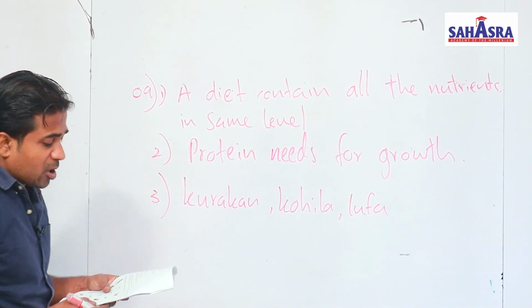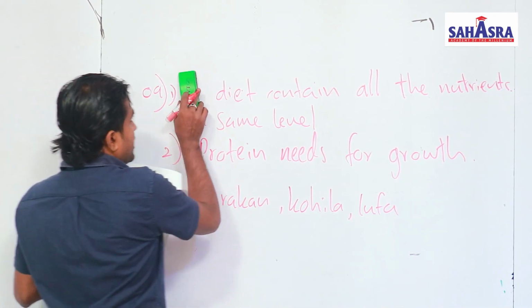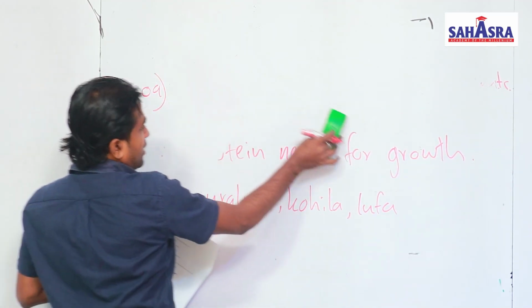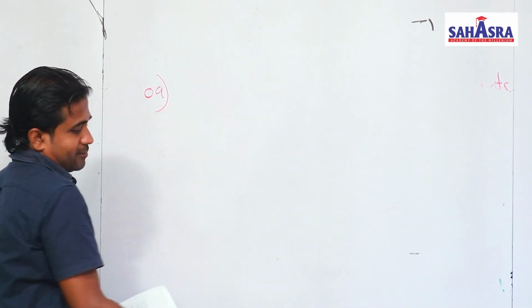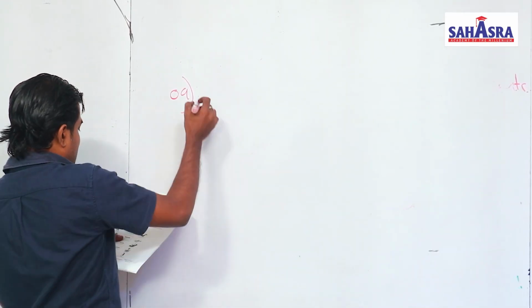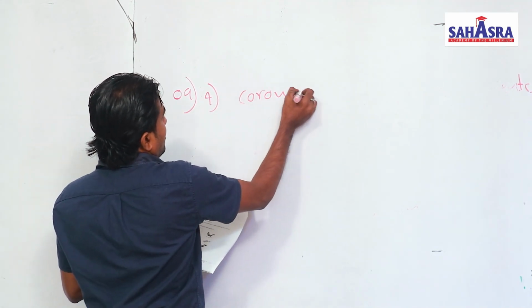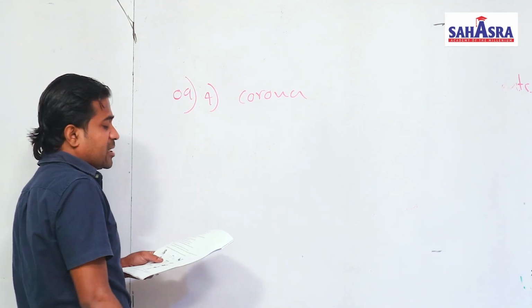Name one communicable disease and list its symptoms. What can you name? There is a very famous disease now. Corona, or COVID-19, is a communicable disease.